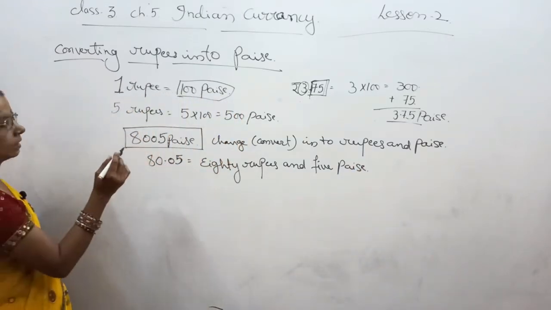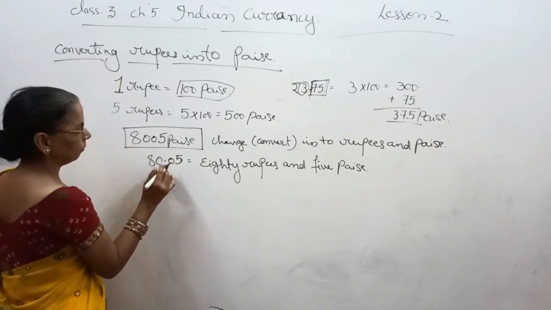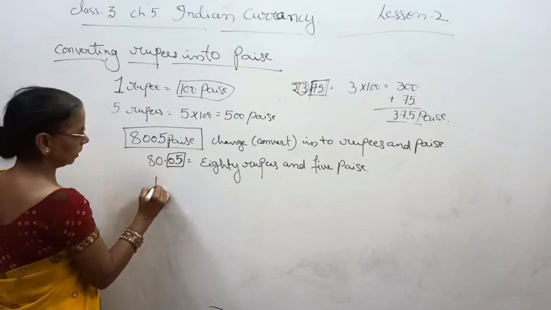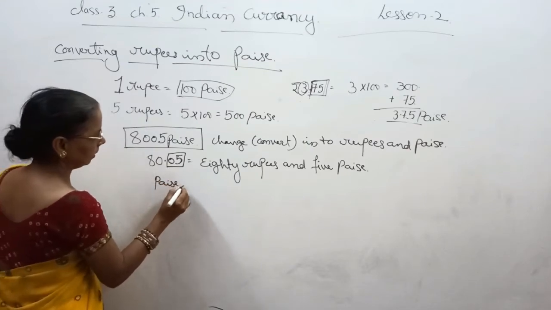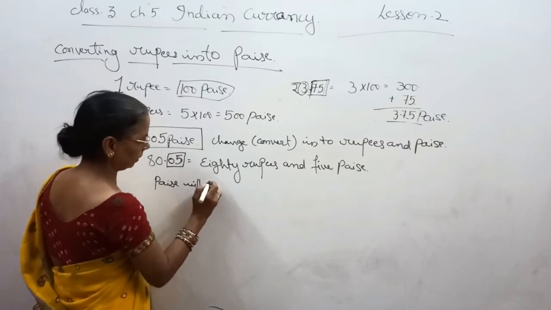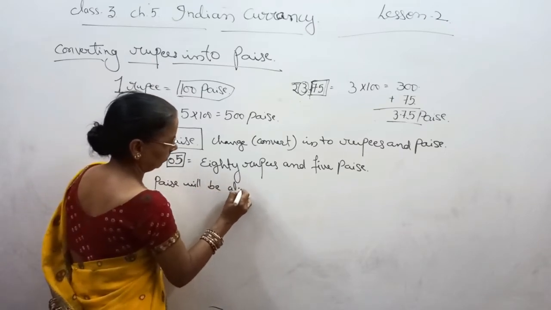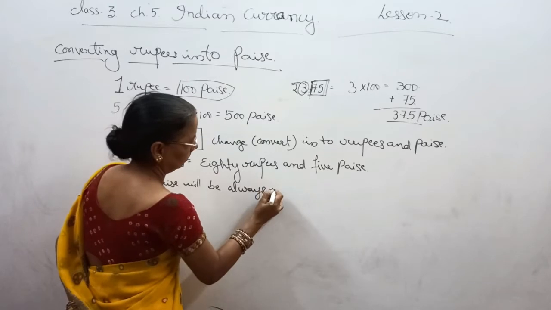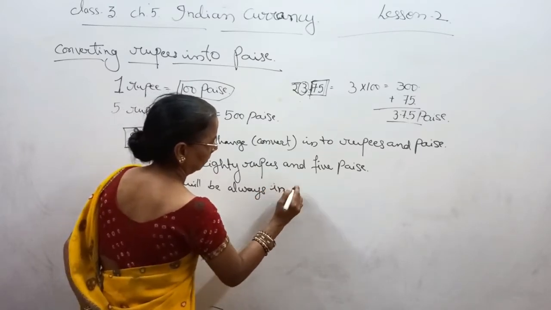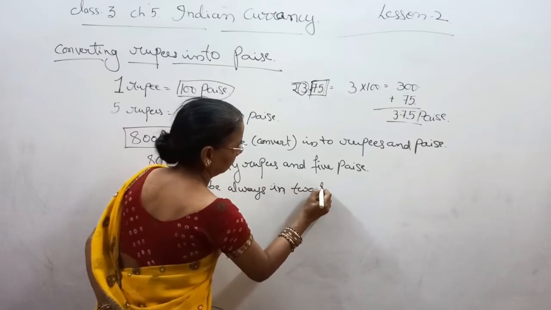In rupees and paise there is a difference. Paise will always be in two digits.